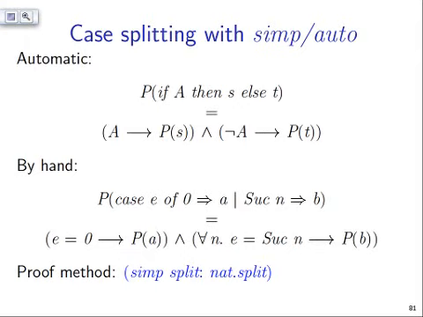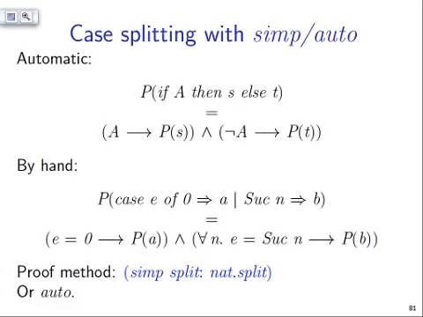So this is the magic incantation that you need: that's the proof command, that's the modifier, the split, and it says please split all the cases over natural numbers. You can't say this one or that one, you just will split all the ones with natural numbers.